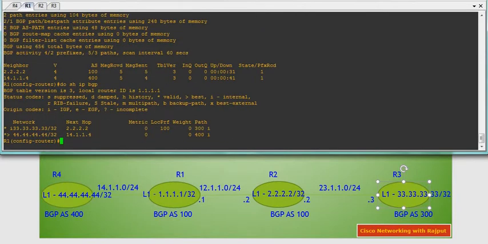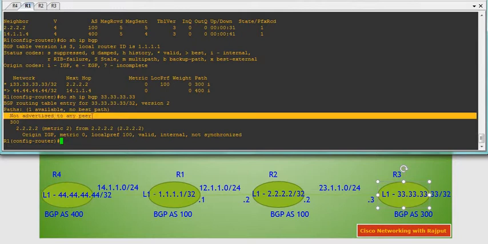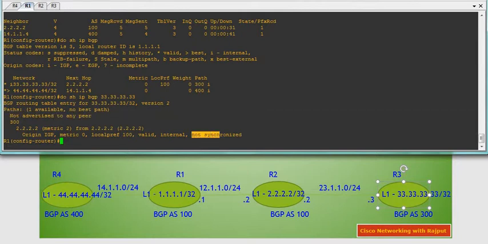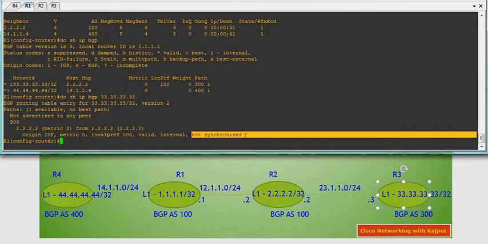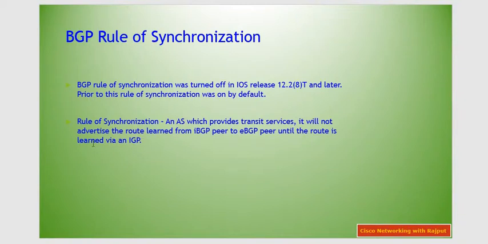Let us check on router 1 as well, for the 33 subnet. Again the same picture, not advertised to any peer, and the reason is it is not synchronized. So the rule of synchronization says an AS which provides transit services will not advertise a route learned from an IBGP peer to an EBGP peer until the route is learned via an IGP.